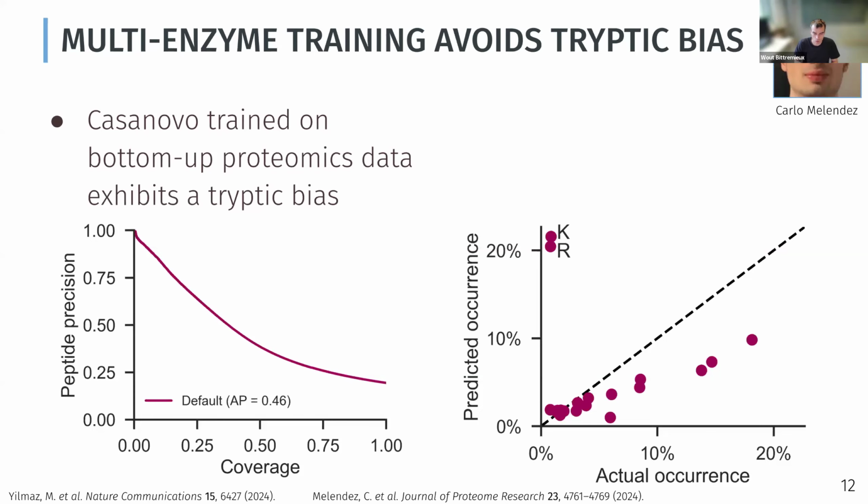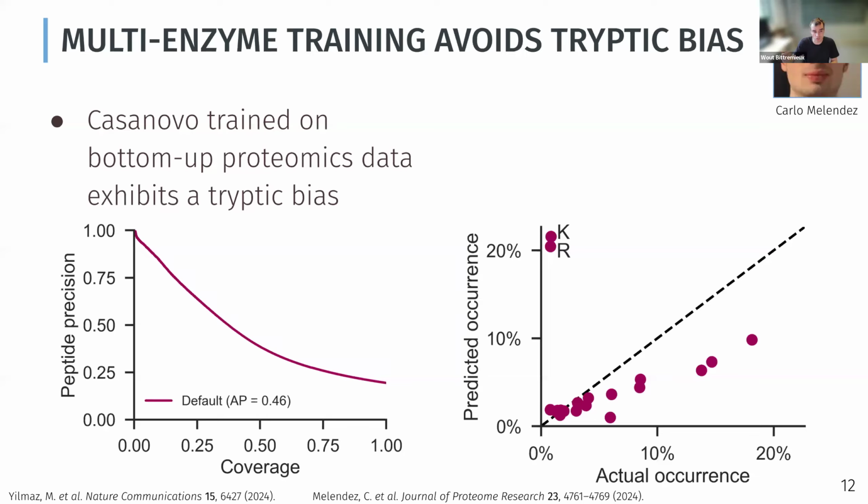One setting in which it performed less well initially is that the model exhibited a tryptic bias. Most proteomics data is generated using trypsin as the protease, which cleaves after arginine or lysine. And Casanovo was trained almost exclusively on such tryptic peptides.